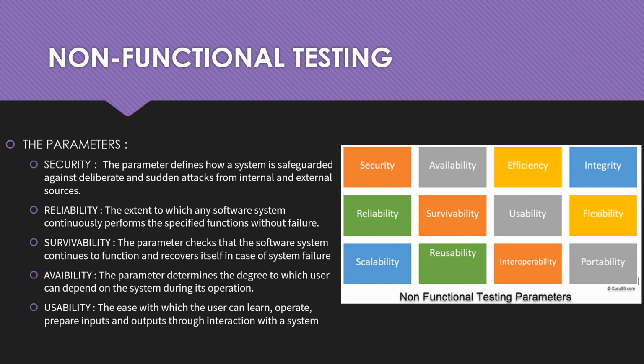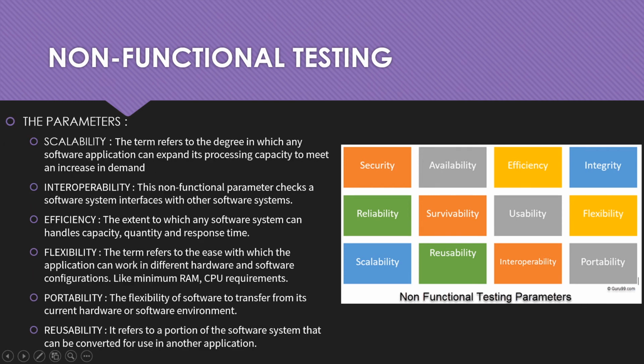We can check it by usability testing. In this usability, the user can easily operate or prepare the inputs, or we can use the application easily. This is from the usability testing. So the user experience is not hard or confusing for the user itself.